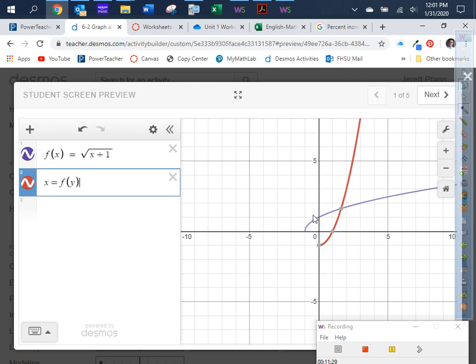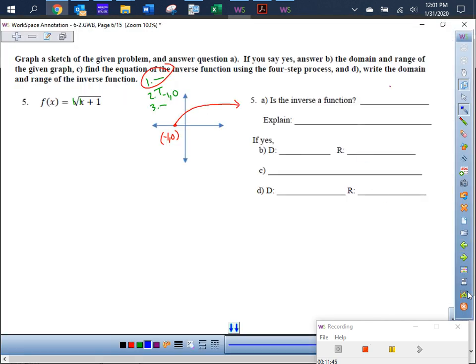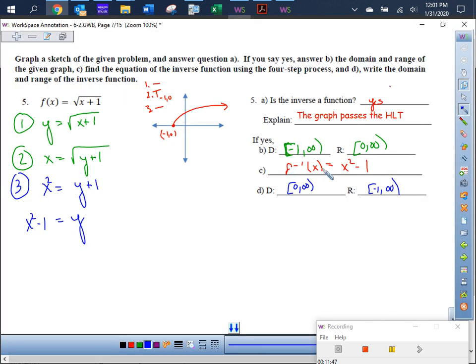That totally reflects to each other over the line y equals x. But what we can do also to double check that, because we didn't do any work, is type what we got for part C here. We could type this equation into Desmos to see if it's going to graph what we want.